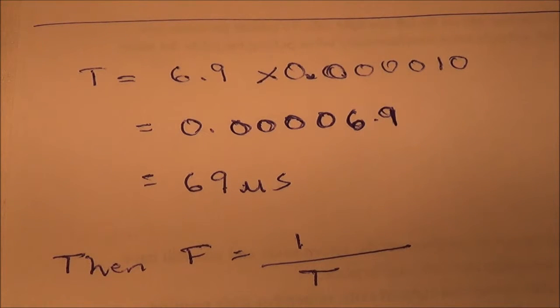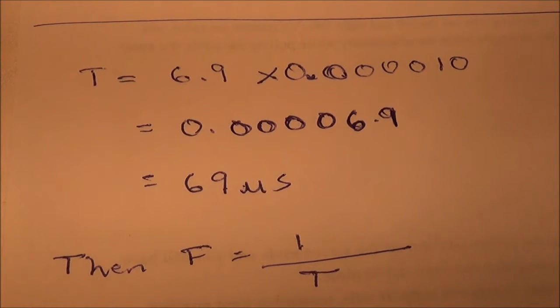So now here's the math for this measurement we just did. We're going to take the 6.9 horizontal divisions that we measured and multiply that by our time base of 10 microseconds per division. Doing the math, that comes out to 0.00069, which is 69 microseconds.